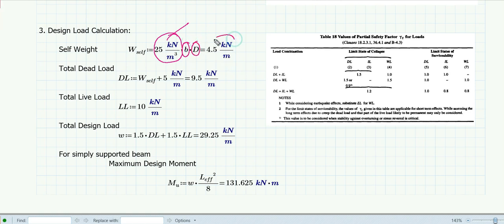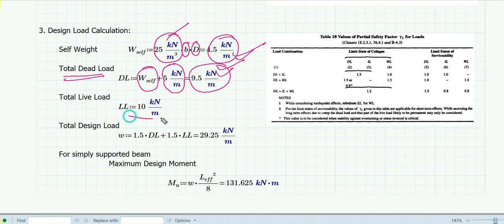It will give you a self weight of 4.5 kilonewton per meter. The total dead load will be how much? The self weight is a dead load, plus the question itself gives another dead load of 5 kilonewton per meter. So the total dead load becomes 9.5 kilonewton per meter, and the live load is given as 10 kilonewton per meter.